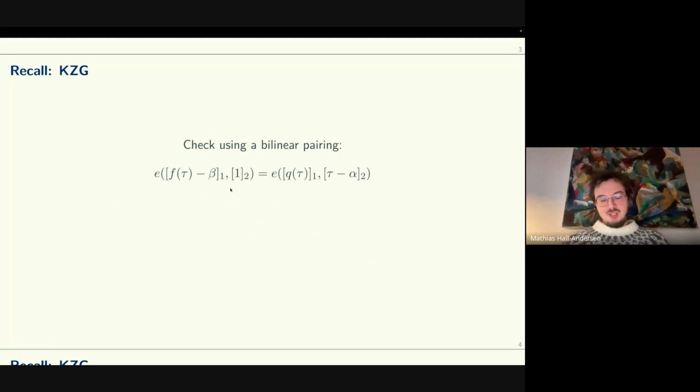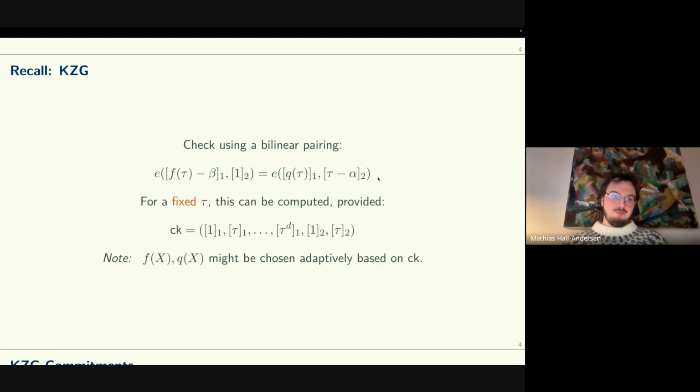Maybe for those who are not familiar with the notation, this means it's an element in G1. So it's g to this quantity, and this is g to 1. Again, this is an element in G1, and this is an element in G2, and the pairing lands in some target group.